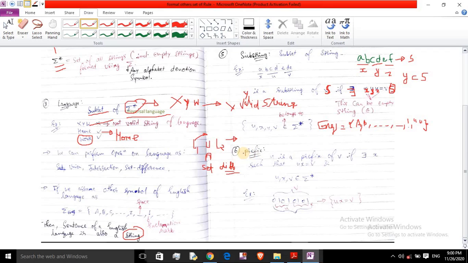It is similar to the prefix in the English language. Now look at this. What is a prefix?